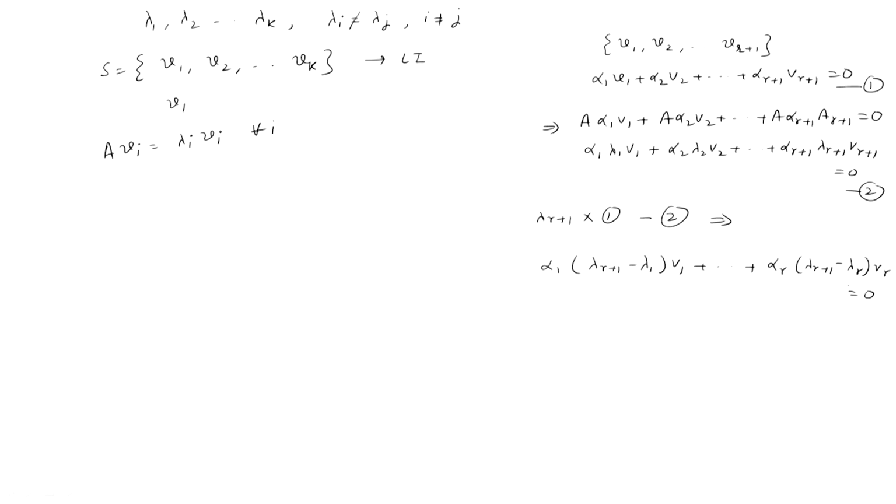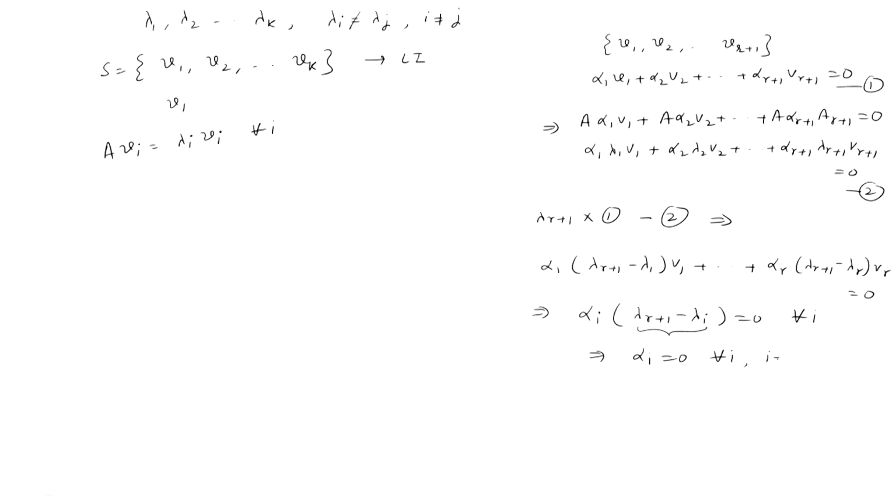Now, we have already assumed that the set of r vectors is linearly independent. So this is a linear combination of linearly independent vectors equal to 0. This implies alpha i times lambda r plus 1 minus lambda i equals 0 for all i. But eigenvalues are distinct, so this is not equal to 0. This implies alpha i equals 0 for all i.